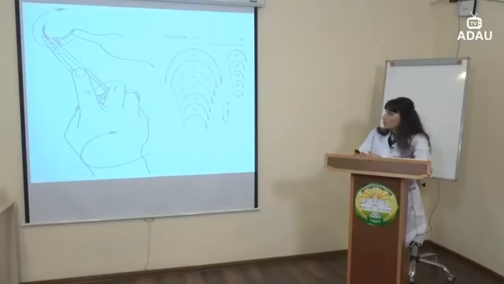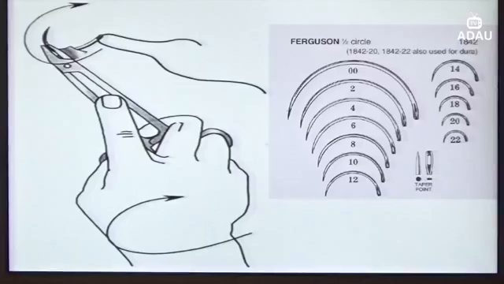And how we should fix the needle to the needle holder. Sometimes we put the needle in the left hand and the needle holder in the right hand and fix it.